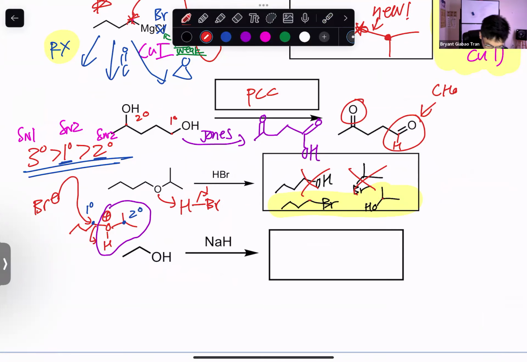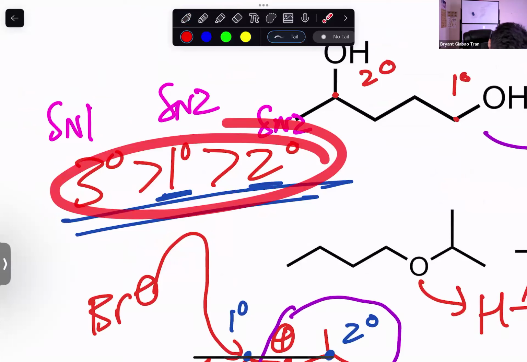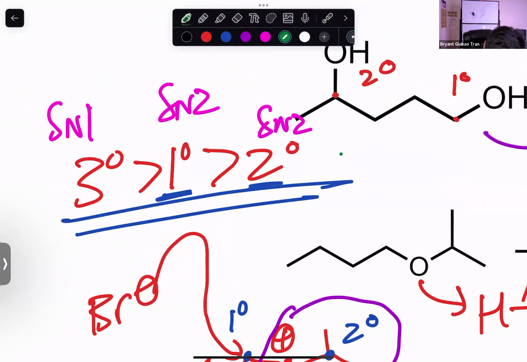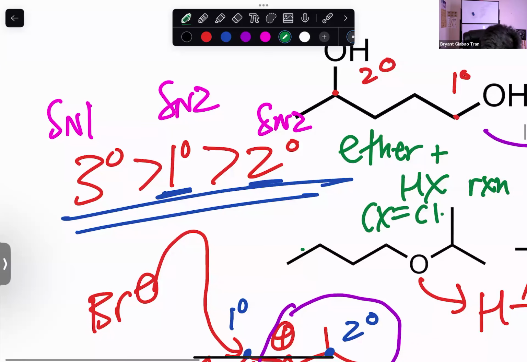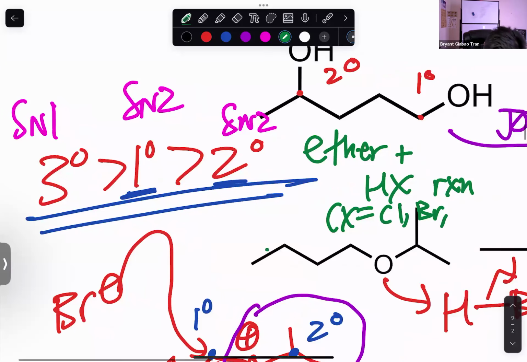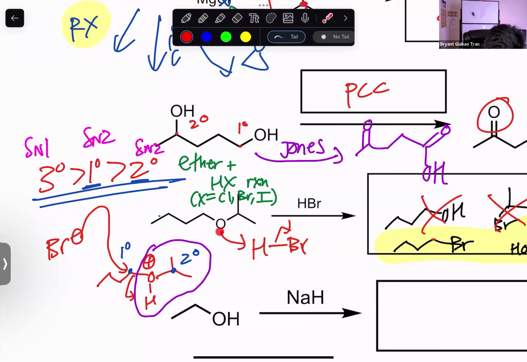Right, so keep in mind of this list right here: tertiary, primary, secondary for ether plus HX reaction, where X can be chlorine, bromine, or iodine. Right. The first step is to protonate the most basic atom to make that into OH plus.